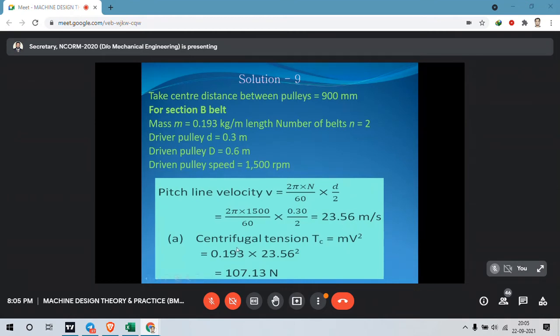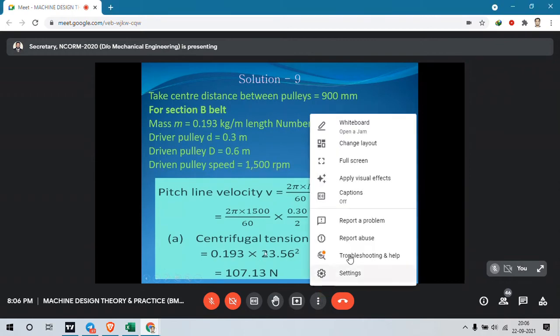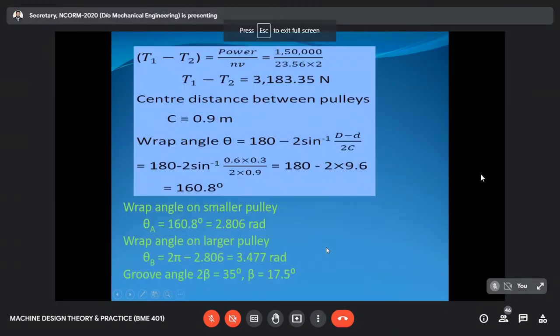Once the pitch line velocity is known to you, you will be able to calculate the centrifugal tension. So Tc is known to you.